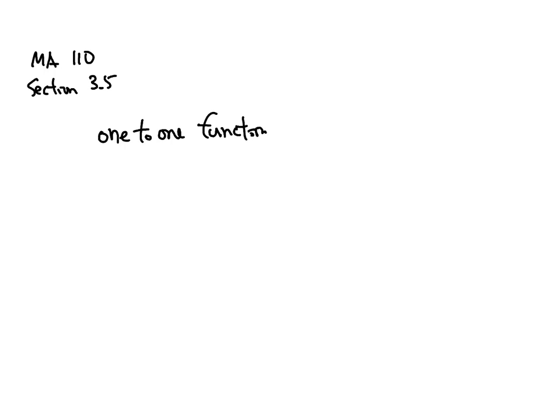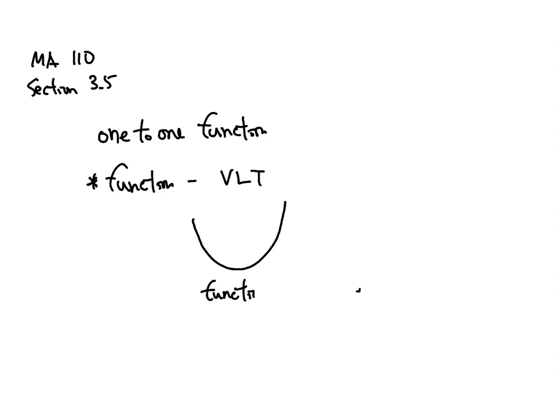If you remember, when we first talked about a regular function, that means as long as it passes the vertical line test, which means I could have something like this, and this is a function because it passes the vertical line test, right?